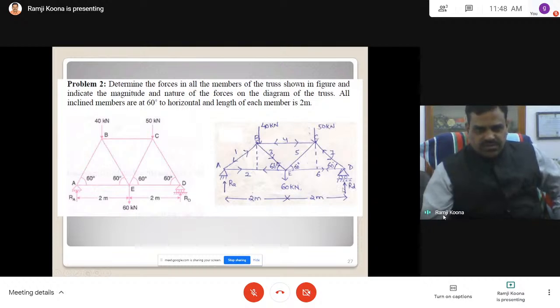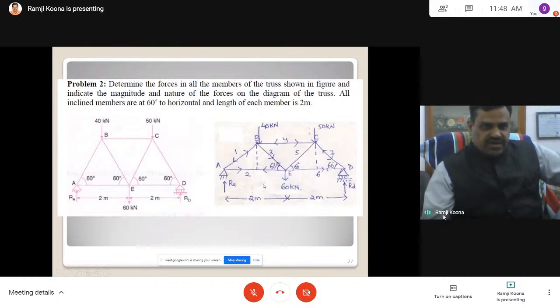Now 3 unknowns: RAX, RAY, RD. But there is no horizontal force on the system as a whole, only vertical loads. So RAX has no significance; even if you consider it, you will get 0.